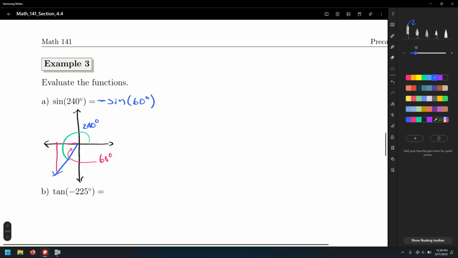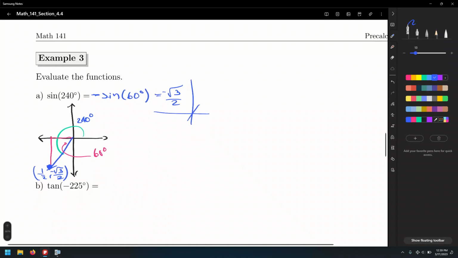The given ordered pair is going to be negative 1/2 for x, and negative root of 3 over 2 for the y value. Those are the values that we learned back when we were doing either the triangles or the unit circles. So recall that sine is a y value, so the final answer is negative root of 3 over 2. And you can verify this result with the unit circle page you got from section 4.1. All right, final answer.